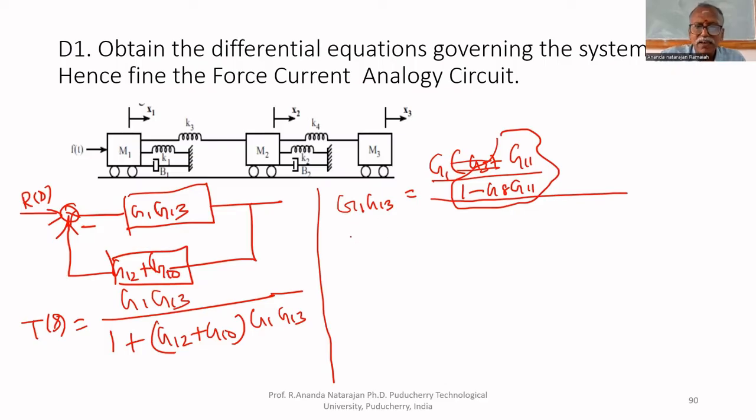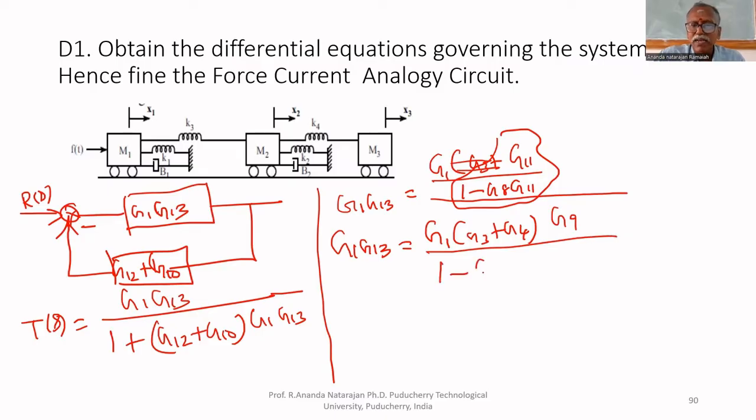Now we can substitute G11 here. G1 G13 equals G1 times G11, where G11 is G3 plus G4 multiplied by G9, whole divided by 1 minus G8 times (G3 plus G4) multiplied by G9. That is, G11 is substituted now.